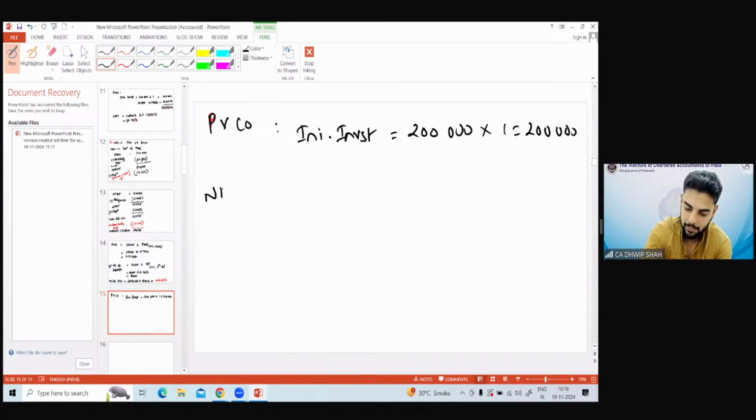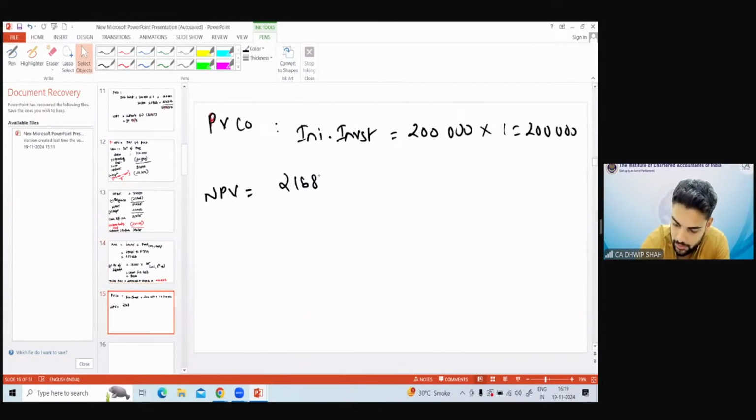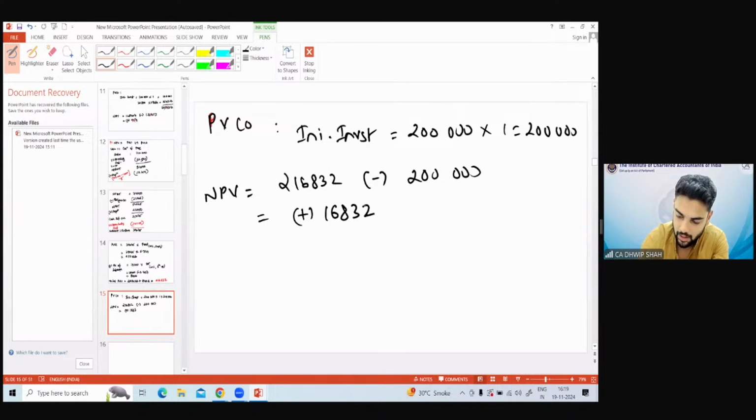So my NPV in that case would be 216,832 less 2 lakh, which comes to positive 16,832. So NPV is positive.